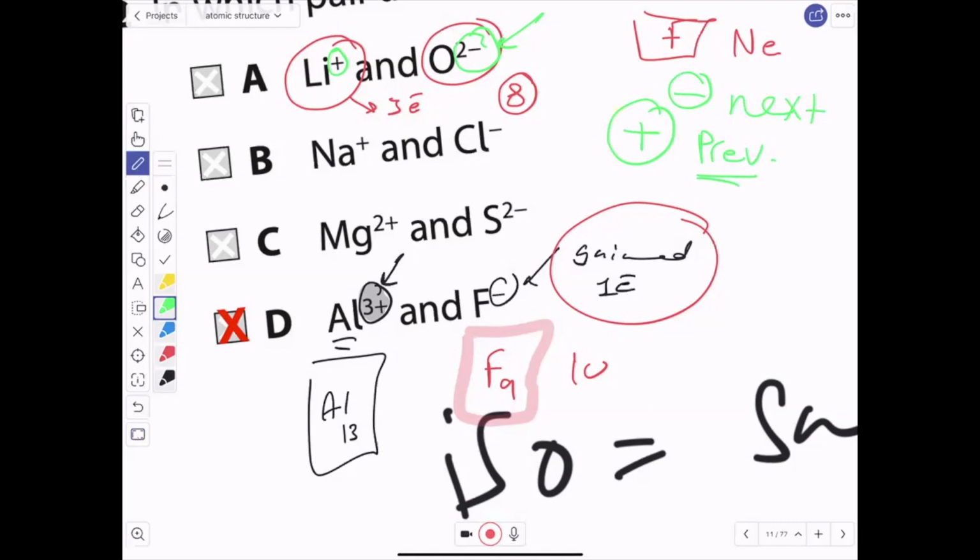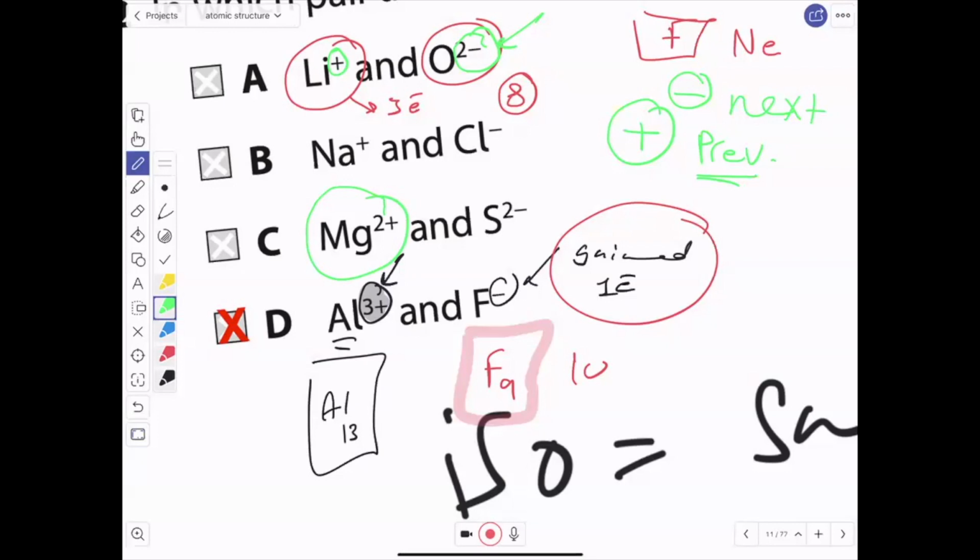Do you have a periodic table in front of you? Yes. Do you know magnesium, which noble gas is magnesium isoelectronic to? Previous, right? So the noble gas that just comes before magnesium.